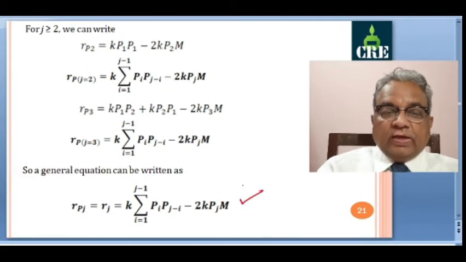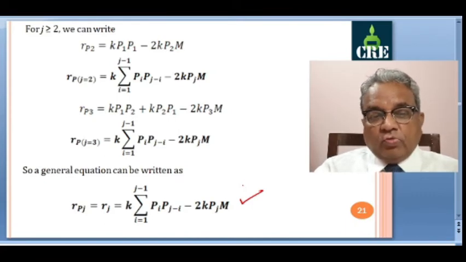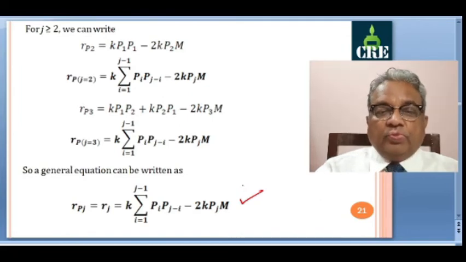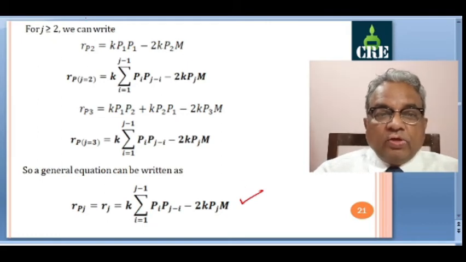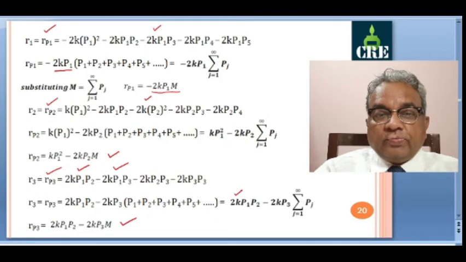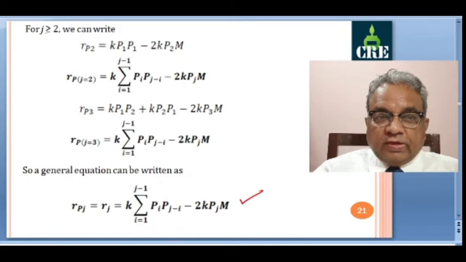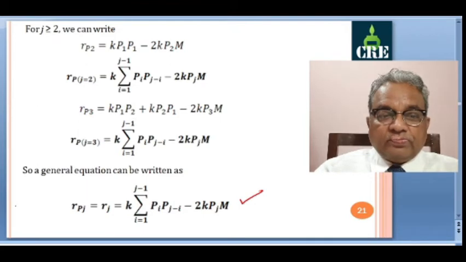So this is a generalized expression or equation for any value of P, P1, P2, P3, P4 we can write, and this is valid only for j greater than or equal to 2. For Rp1 we have to use the equation with minus 2k P1 m only, but for j equal to 2 and greater you can use this. So valid for j greater than or equal to 2 only.